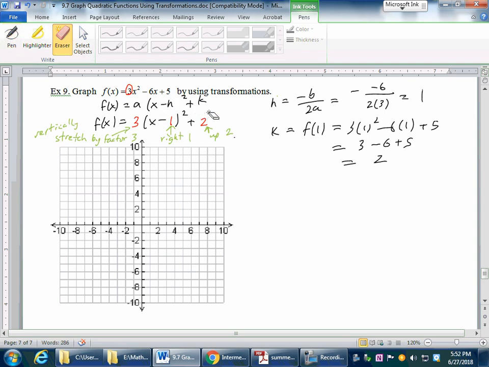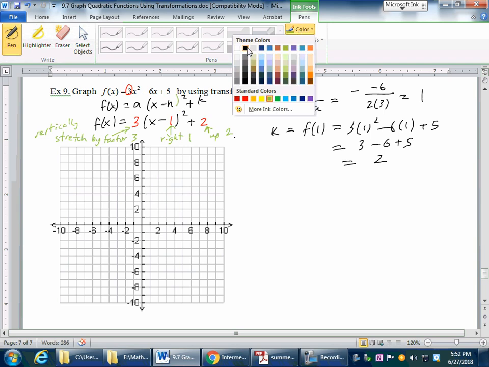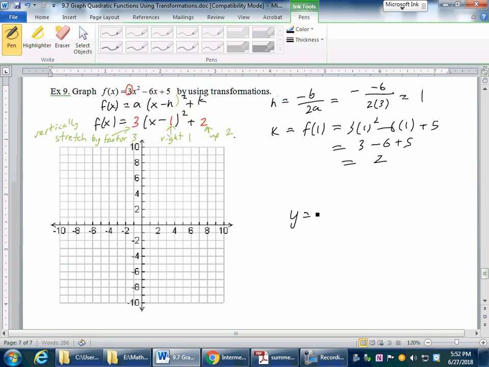So now continuing this, graphing the parent graph, which is y equals x squared. (0, 0), 1 squared is 1, 2 squared is 4. Negative 1 squared is 1, negative 2 squared is 4. So I got this graph. Now I'm going to start the transformations.